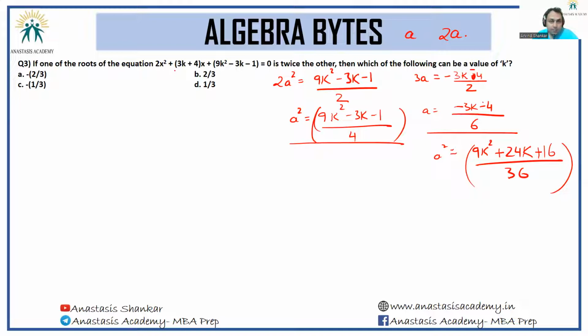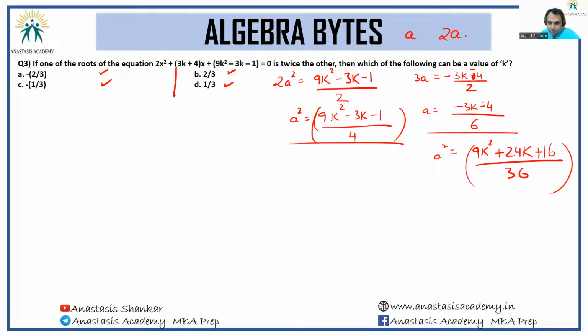Basically, I'm creating a partition between the positive values and the negative values. Here the values will be 9k square minus something minus something. Here, on the other hand, you will have 9k square minus something plus 16. If you take negative values, this makes more sense. So plugging in values is ideal, but for the sake of the video, I will go ahead and solve it entirely.